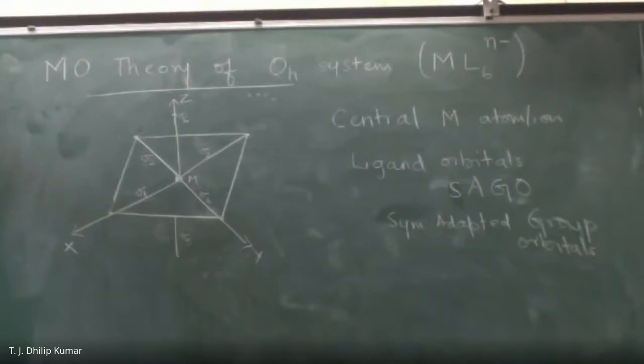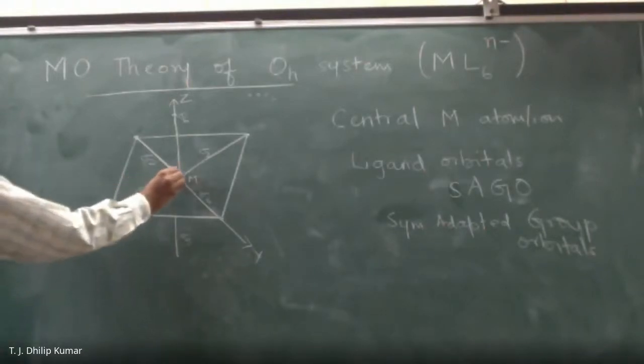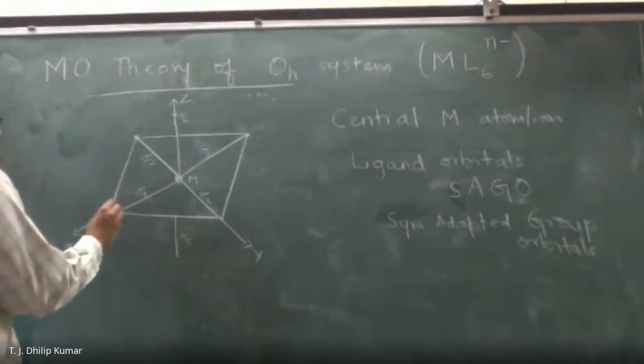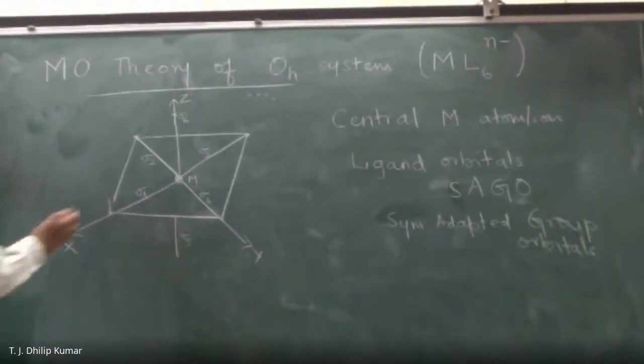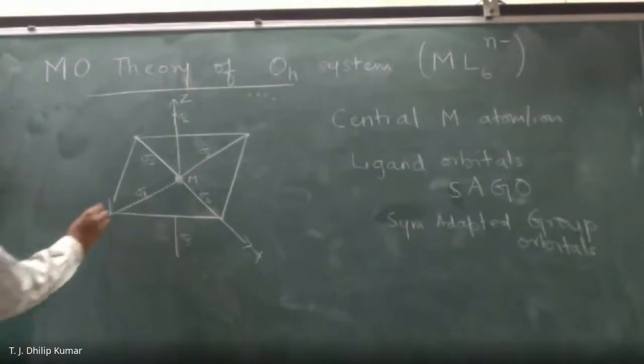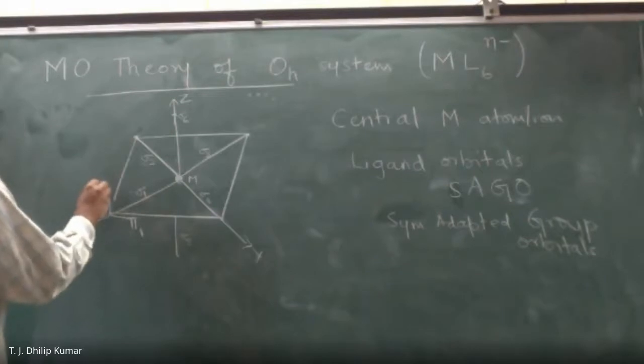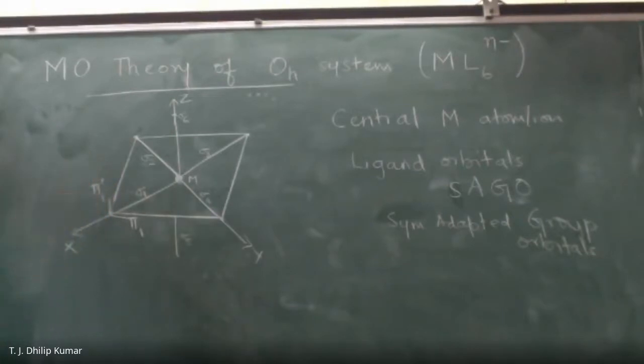Sigma orbitals are pointed towards the central metal atom or ion, and there are pi orbitals also on the ligand. For this one, you can have 2, in or out, let's say. So I call it pi 1, and this is pi 1 prime. There are 2 types, one type and the other type. So p orbitals are all present.